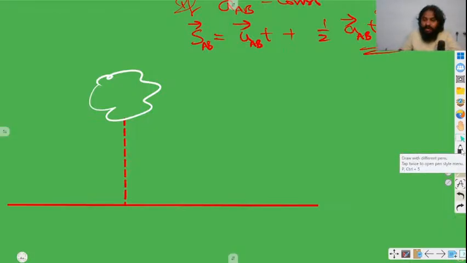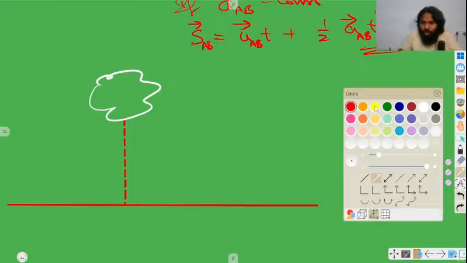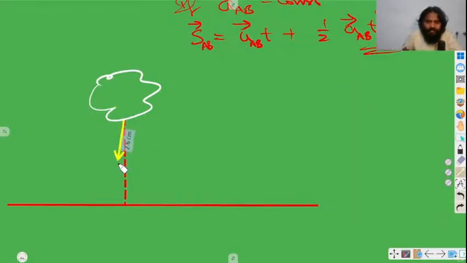Let me draw an arrow mark in yellow color. The red dotted line indicates the vertical. The velocity of rain is VR. VR is the velocity of rain.